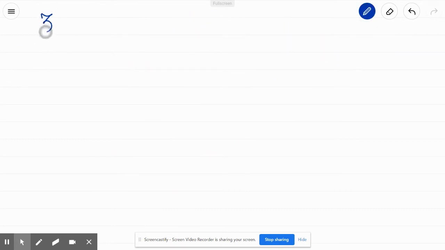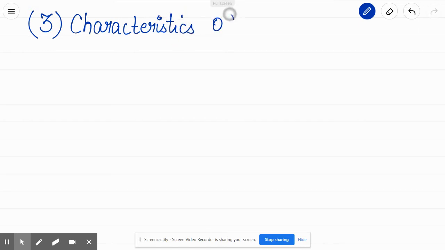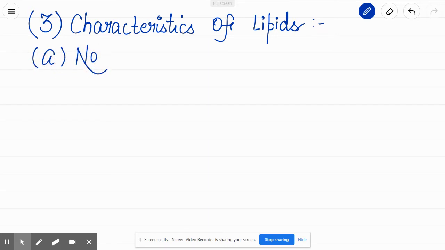Now we'll take a look at the characteristics of lipids. And the very first basic characteristic is that they are nonpolar in nature.